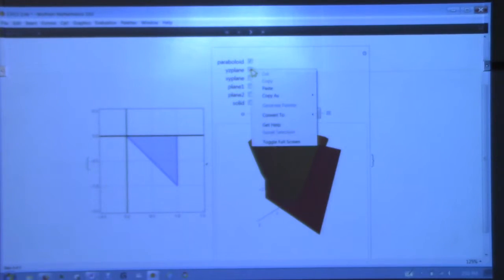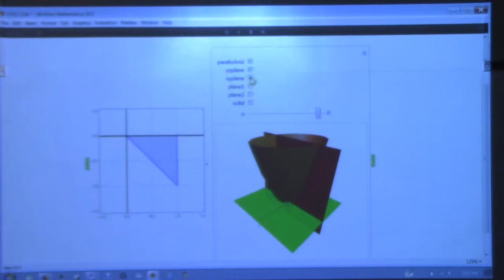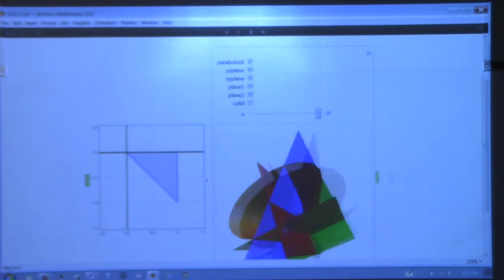This is the bottom. That's x is 0. This is z is 0. This is, I think, y equals x. And what is this? Oh, y equals 1. That's y equals 1. But yeah, it's the region bounded by all of those.